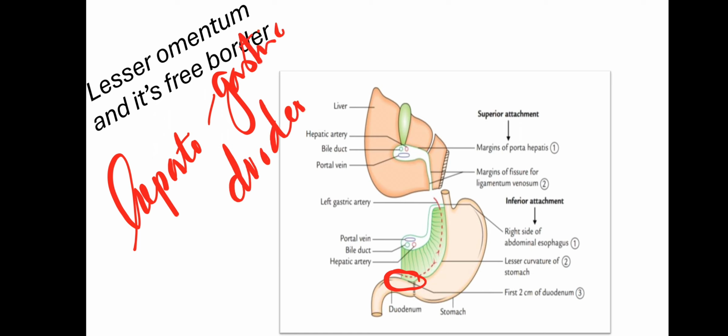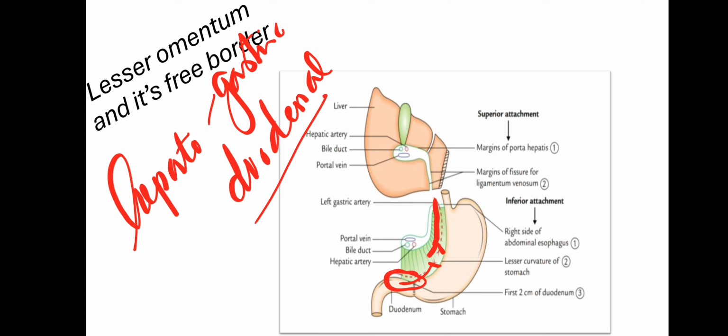In the lesser omentum we can see two arteries: the left gastric artery and the right gastric artery anastomosing within the lesser omentum.